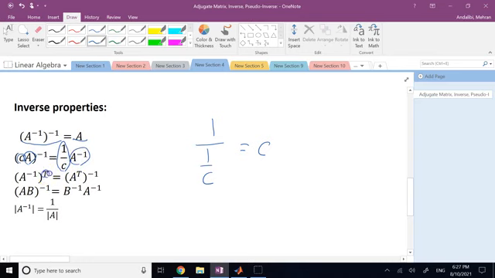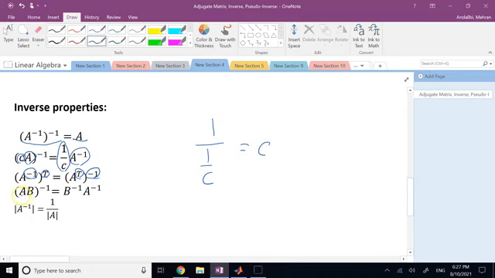If you apply a transpose to inverse, the order between transpose and inverse can be switched. So instead of doing inverse then transposing, you can do transpose then inverting. The result is not going to be any different.